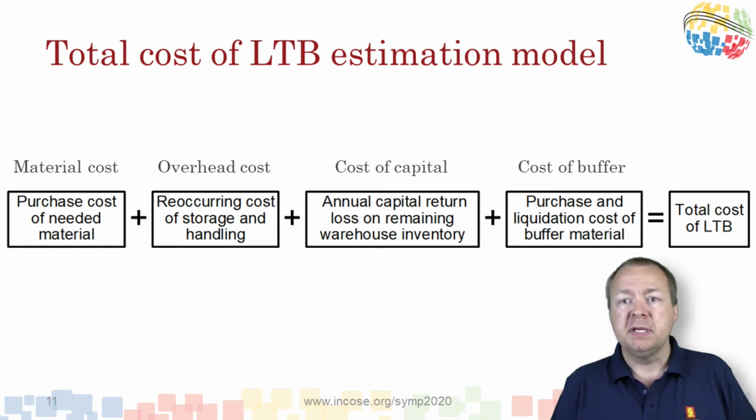Cost of buffer is a safety margin on top of material demand. A company must have a buffer strategy aligned with the level of risk the company is willing to accept. In addition to the total cost of last time buy calculation, there are at least 3 other factors influencing the last time buy process.